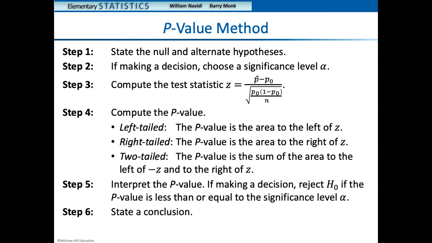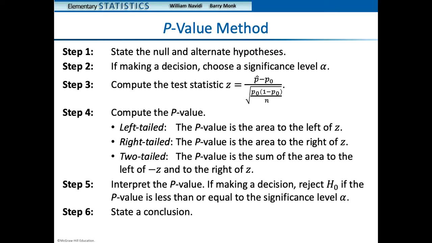When we compute the test statistic, we are assuming that the null hypothesis is true, and so that p sub 0 there is the value indicated by the null hypothesis. As long as your assumptions are satisfied, the z-score is a normally distributed variable, so there is no need to use the student's t-distribution for the proportion.